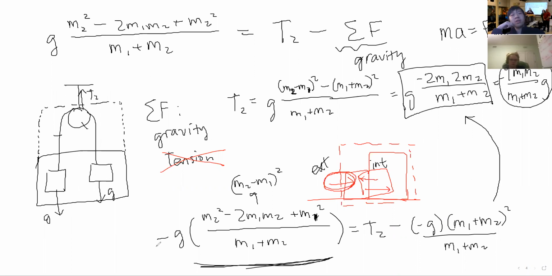That wasn't supposed to be negative. I don't know. We got directions mixed up at some point. Anyways, the magnitude is what matters.